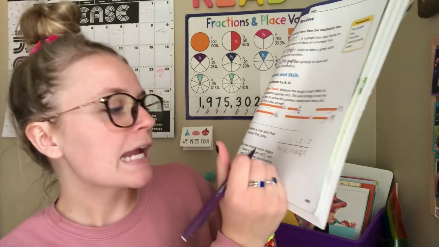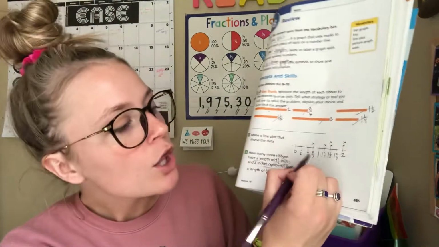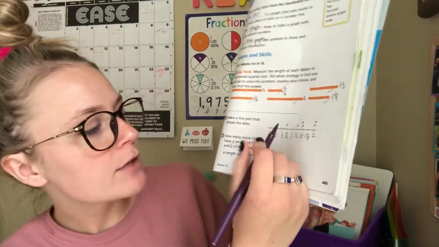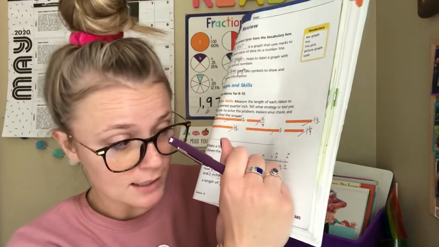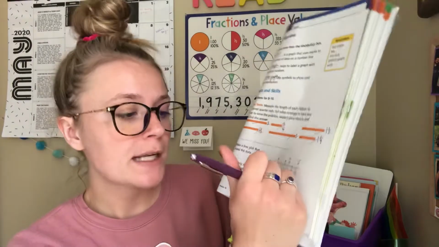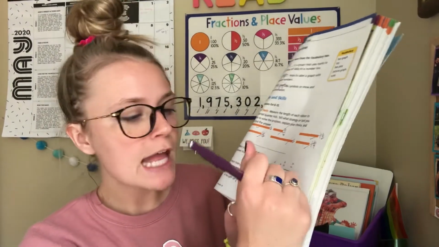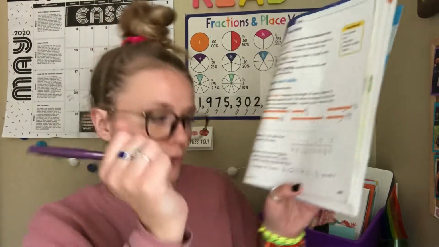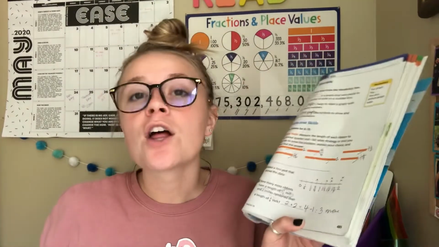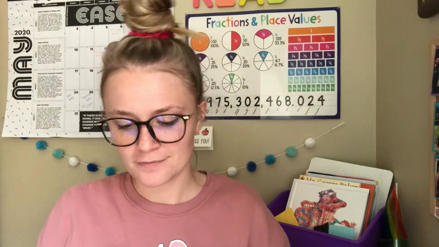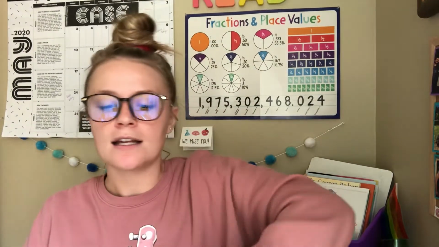Minus, because I'm comparing 3/4. How many ribbons have a length of 3/4? That is 1 ribbon. So I do 4 minus 1 equals 3 more ribbons with a length of 1 1/2 or 2 inches than a ribbon with a length of 3/4 of an inch. All right, next page.